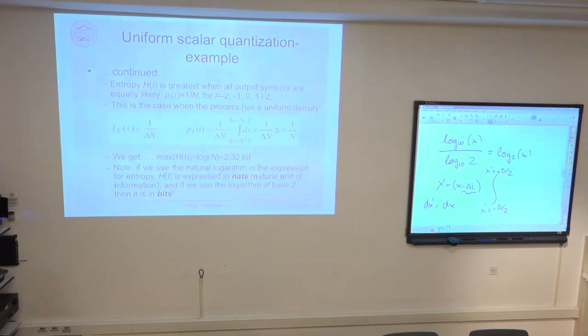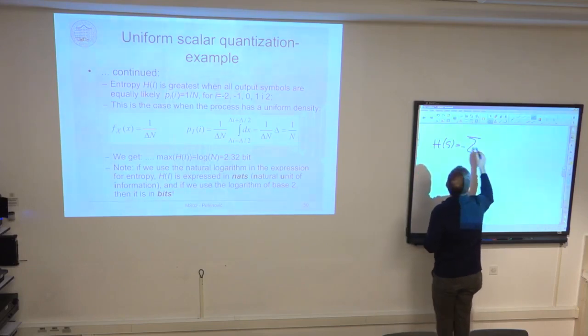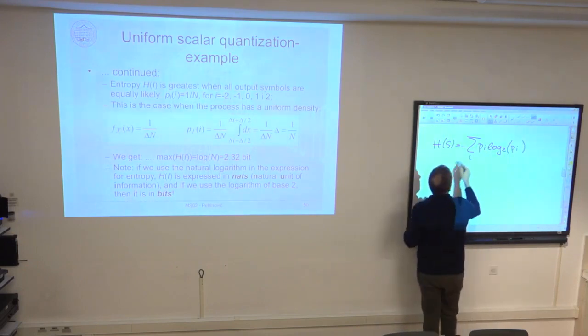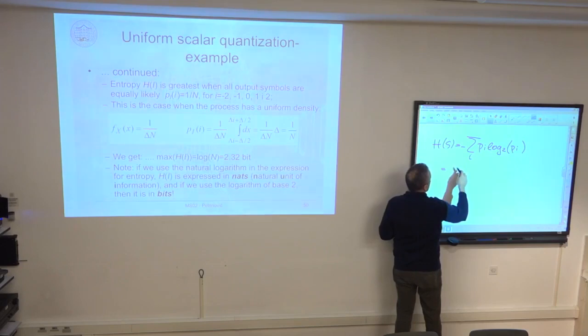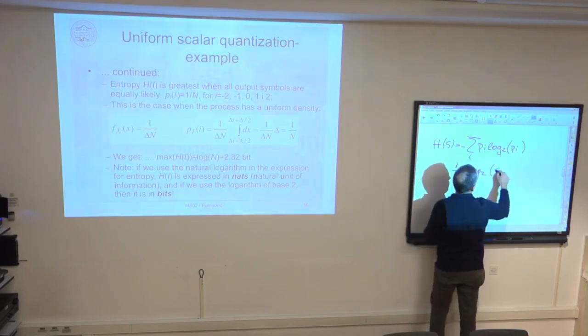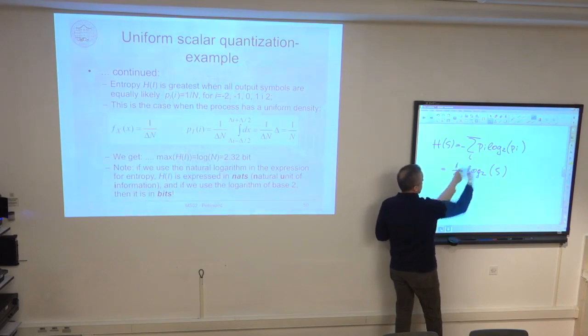With the entropy that we have derived here, h of I. And this h of I, in our case, the entropy of the source, was the negative sum of pi log 2 of pi for I. And since we had equal probability, it is simply 1/5 times logarithm base 2 of 5, with the negative sign, and then multiplied 5 times, because it is the same for all intervals.